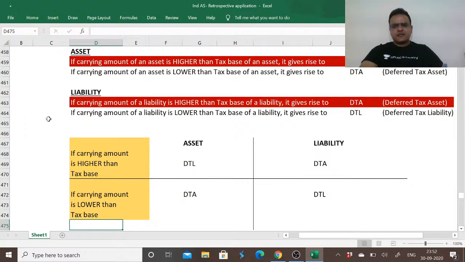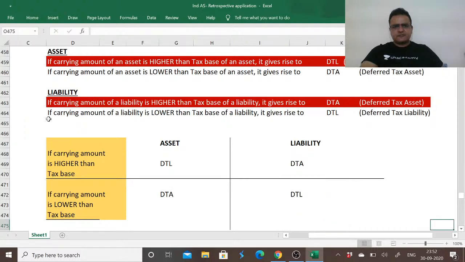If you remember this chart, the job is done. This chart is the crux of Ind AS 12 income taxes. If carrying amount of an asset is higher than tax base of an asset, it will give rise to deferred tax liability.